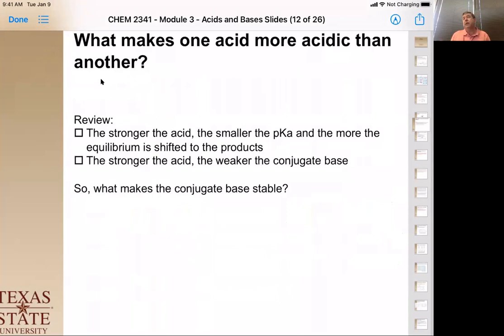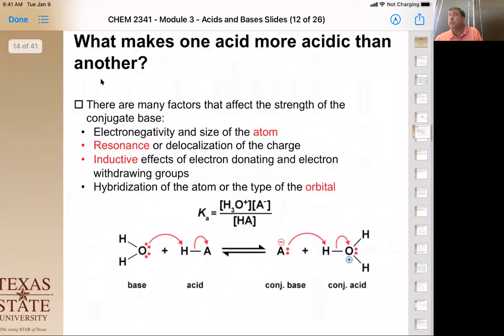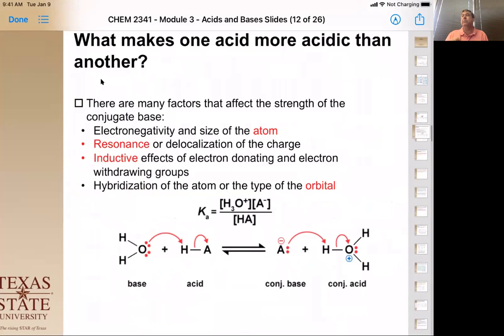Okay. So let's talk a little bit about the conjugate bases here. I'll do one part of this right here. So there are 4 factors that we want to deal with when we're talking about the acidity of a compound, okay? And we have to directly look at the strength of that conjugate base.